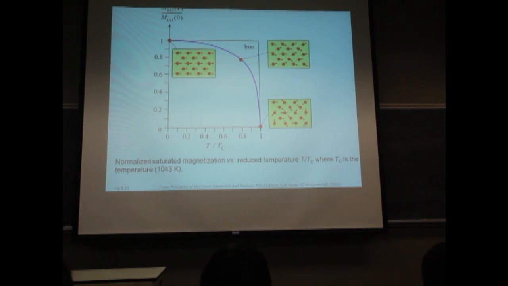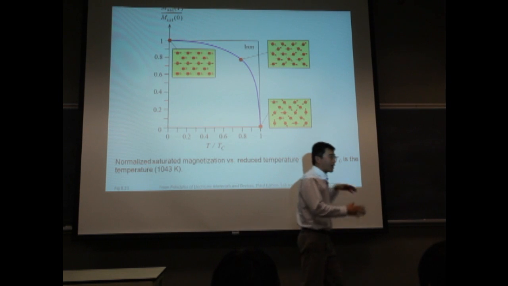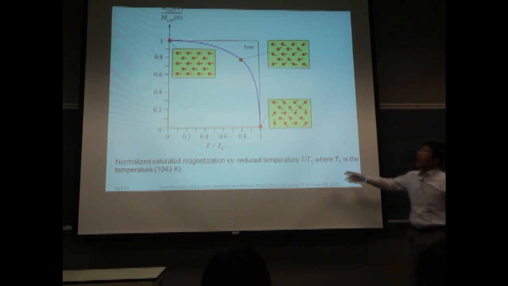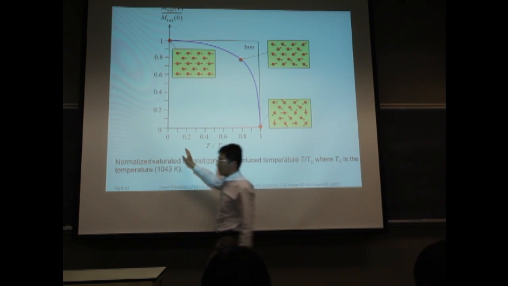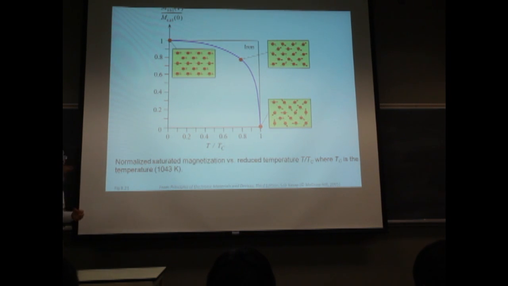Magnetization has a temperature dependence like this. At a high temperature, the magnetization drops. Why is that? It is due to the thermal excitation inside the material trying to disorder the magnetic moments. Let's say at the saturation magnetization state, all the moments are aligned.